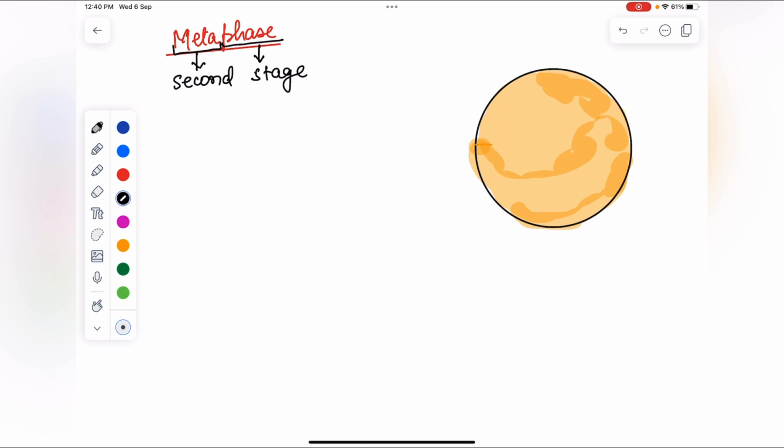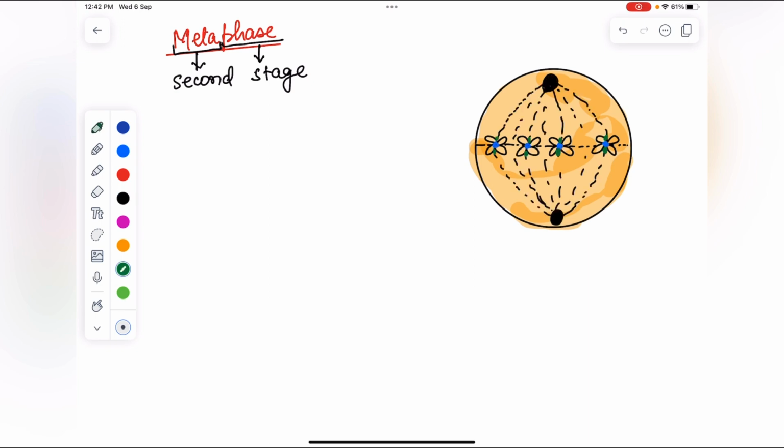After the nuclear membrane disappears, the chromosomes will appear on the metaphasic plate. This is the metaphasic plate. Here is the centrosome. After the disintegration of the nuclear envelope, the chromosomes will align together in the metaphasic plate.